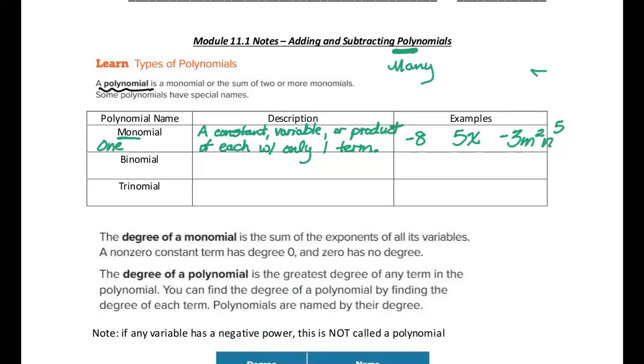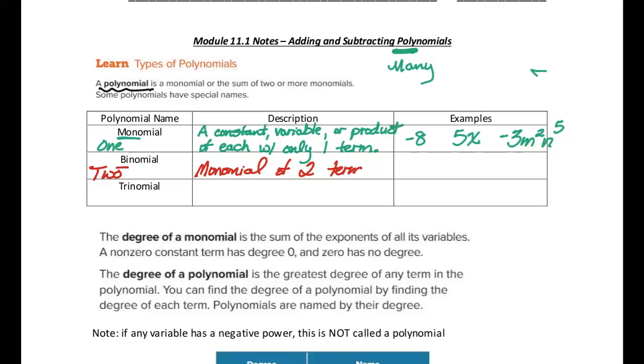Then we have binomial. Bi, the prefix means two, as in bicycle is 2 tires, 2 cycles. Or biology is the study of 2 things, plants and animals. So this is a monomial of 2 terms.